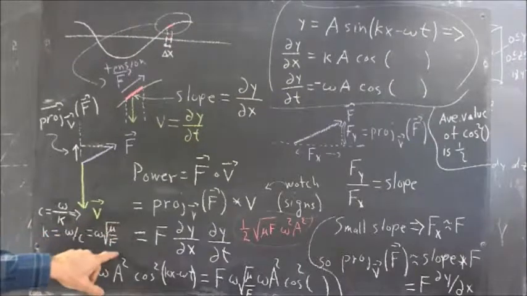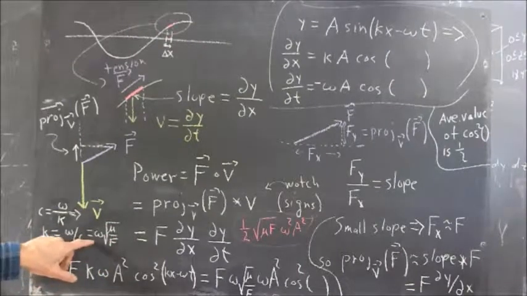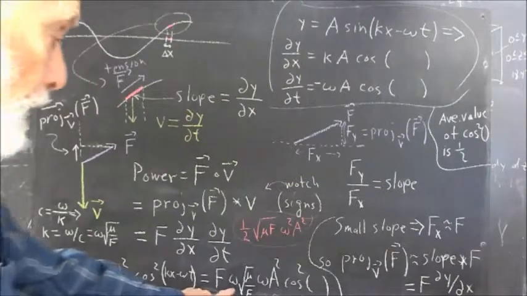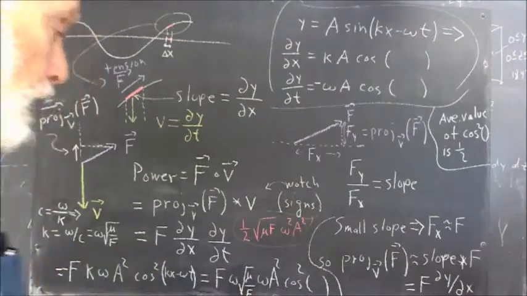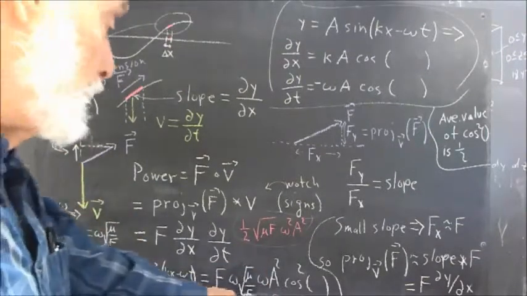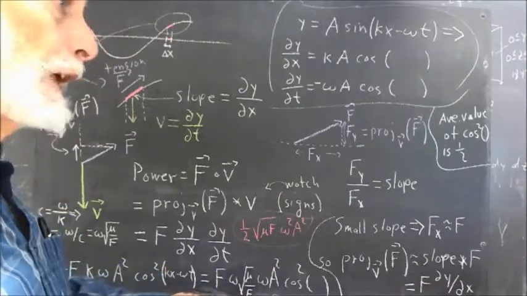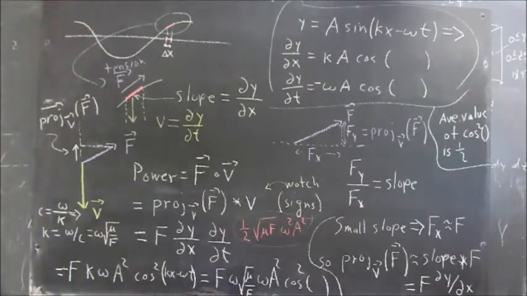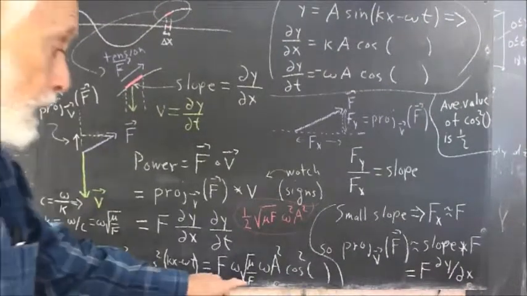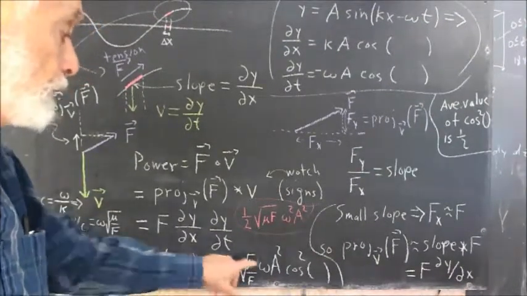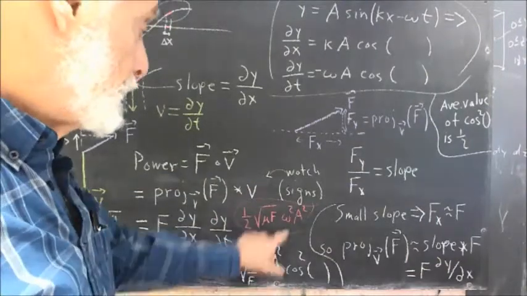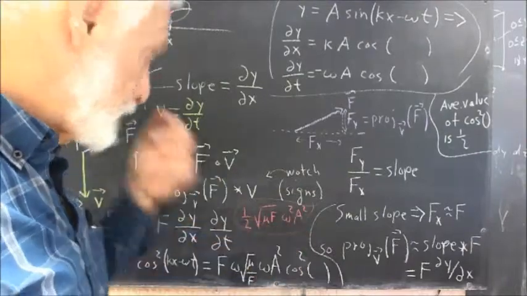Reciprocal c is going to be the square root of mu over F. So k is omega times the square root of mu over F. So we replace k by omega square root of mu over F. And then we do a little bit of simplification. We got the F square root in the denominator divides into the F in the numerator, and gives us a square root of mu times F. That should be straightforward. The omega times the omega gives us an omega squared and an a squared.